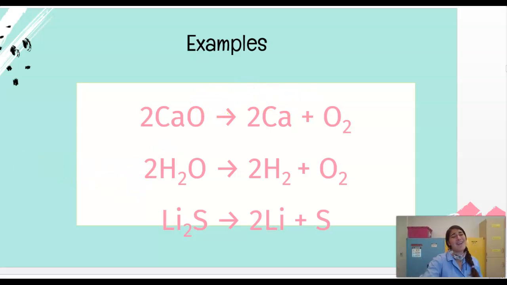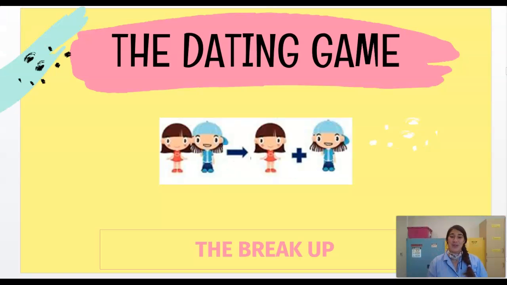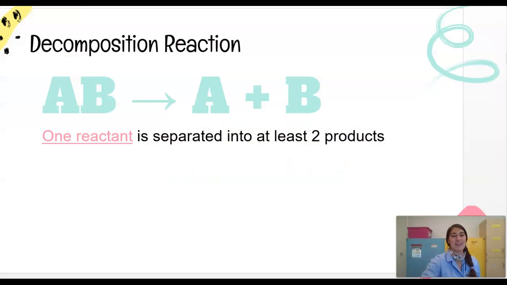And so then in our dating world, the last one was the perfect match, but here, it's the breakup, okay? You've got your 1 compound breaking up into those 2 pieces. So again, your recap, you're starting with 1 compound, it breaks into 2 parts, don't forget your diatomics, okay? And then your clue for the type of reaction is that it is 1 compound.